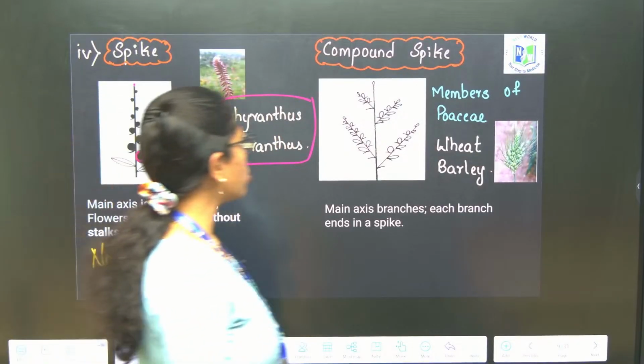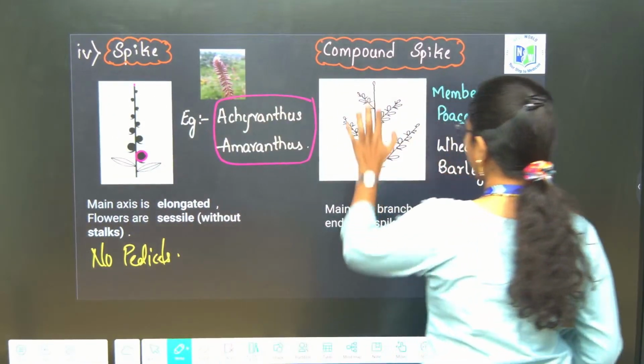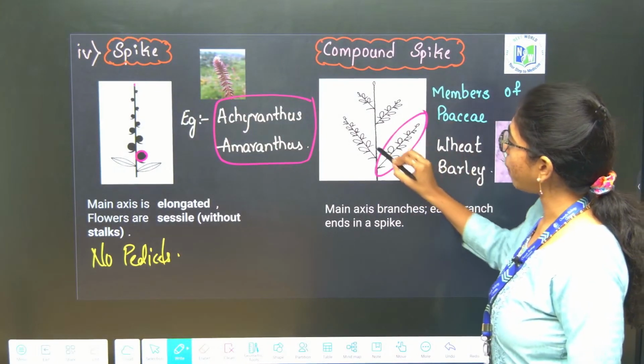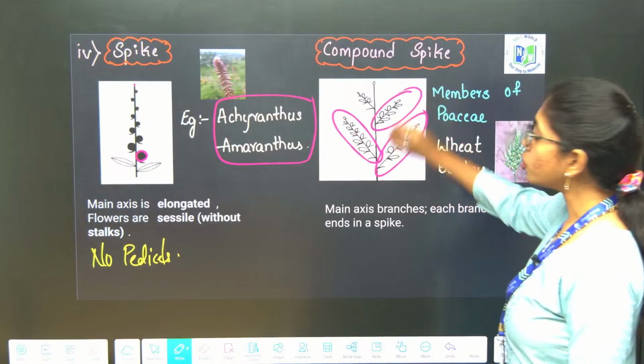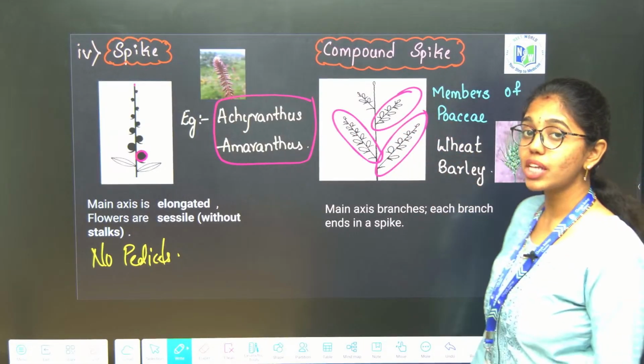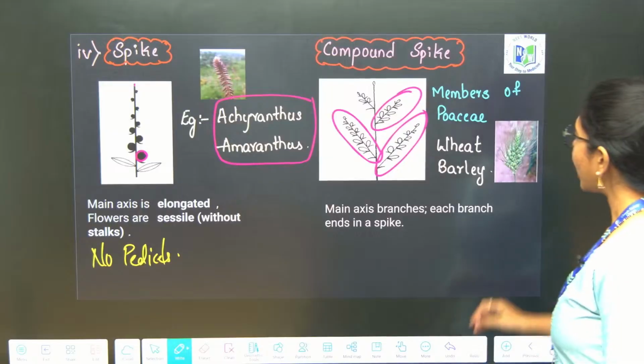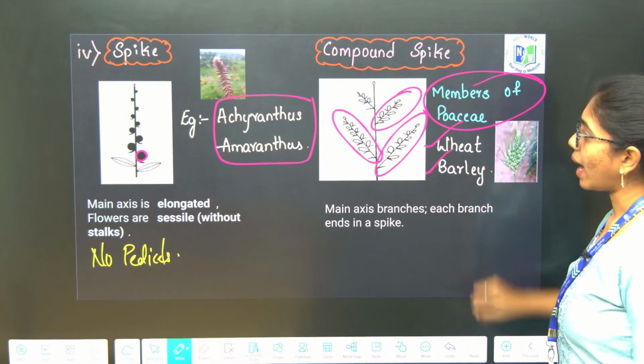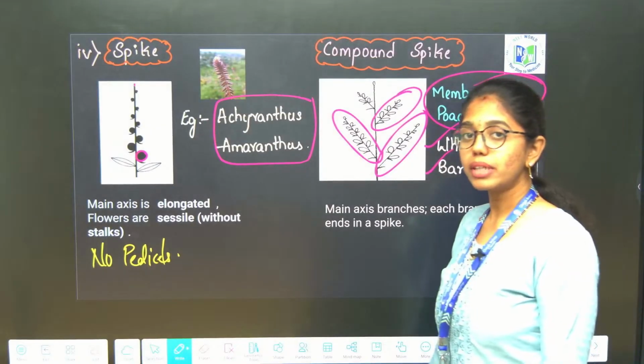Next is compound spike, where the main axis branches, and each branch ends as a spike. Flowers are sessile over here. Examples include members of Poaceae, wheat and barley, which show compound type of spike.